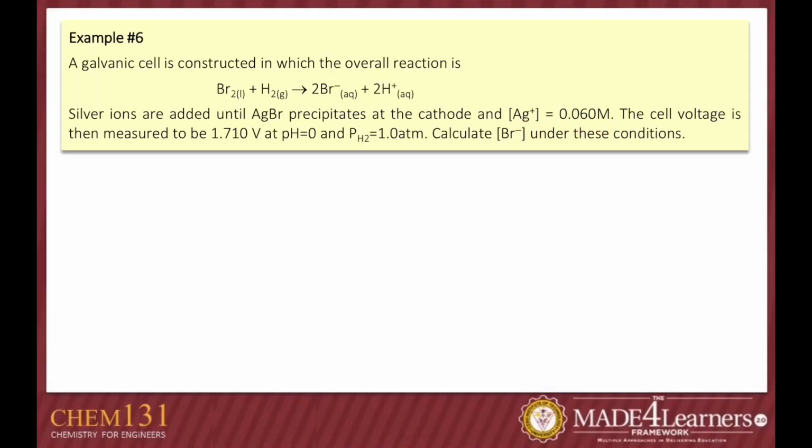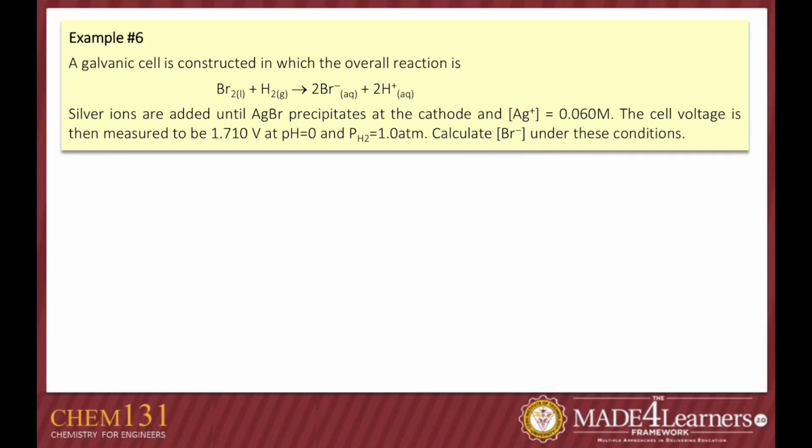The cell voltage is then measured to be 1.71 volts at a pH of 0, and the pressure of the hydrogen gas is 1 atmosphere. So we are to calculate the bromide ion concentration under these conditions. This time, we're looking for the bromide ion concentration.